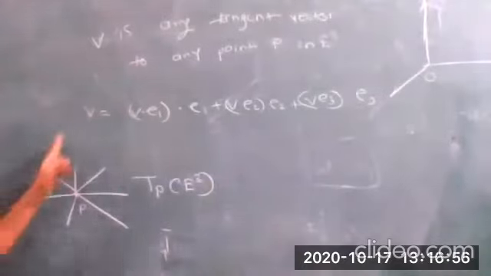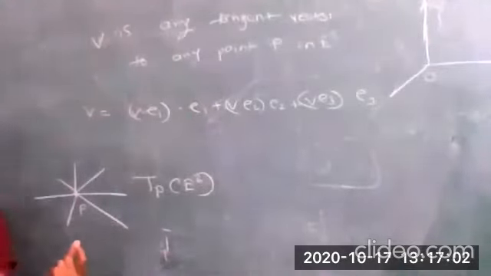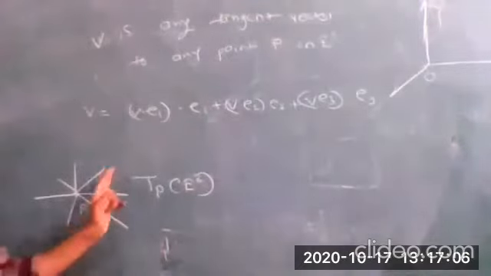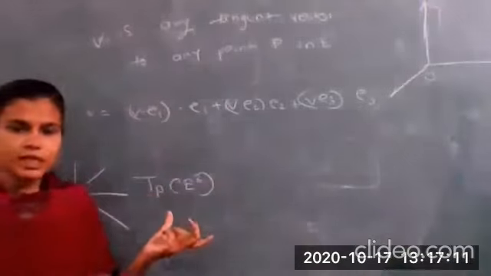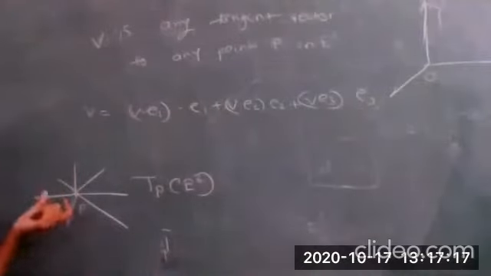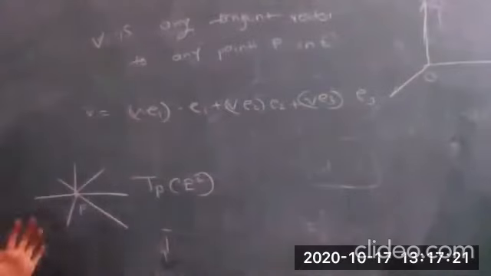It is nothing but the collection of all the tangent vectors at a point P. That means all the tangent vectors which have P as a point of application, we can collect them in the TP of E3. So TP of E3 is the tangent space.